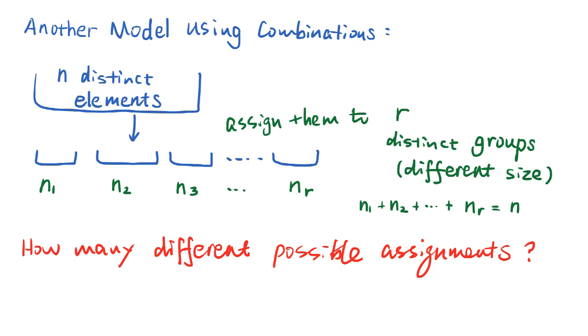Note that the sum of N1, N2, and Nr is N. The question is, in how many ways can we do this task, or how many different possible assignments are there? Clear? The task is to assign a large group into several small groups.